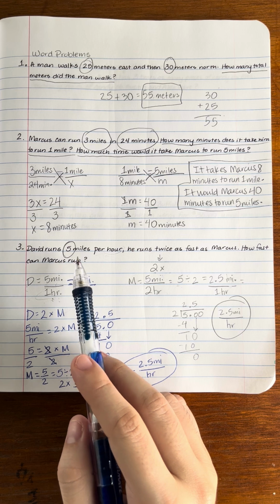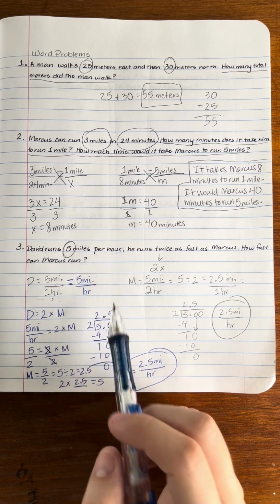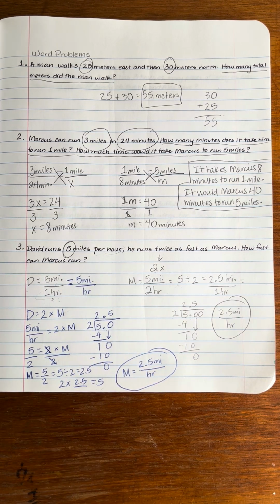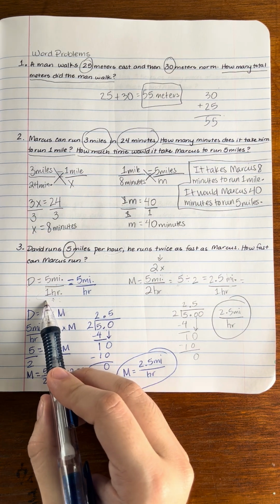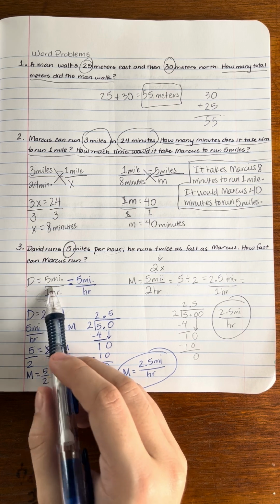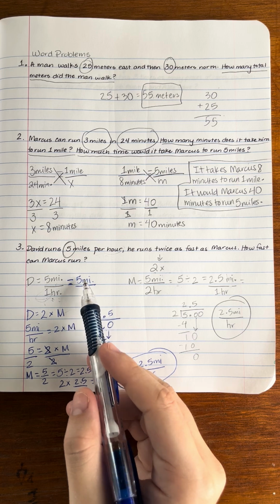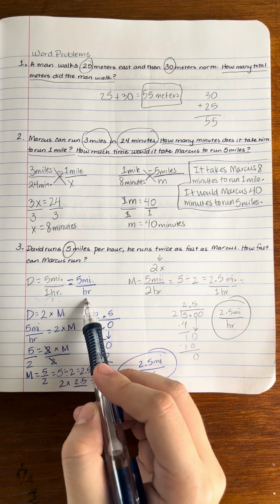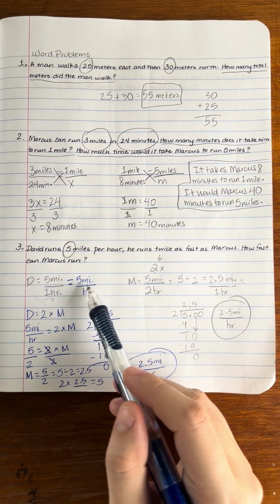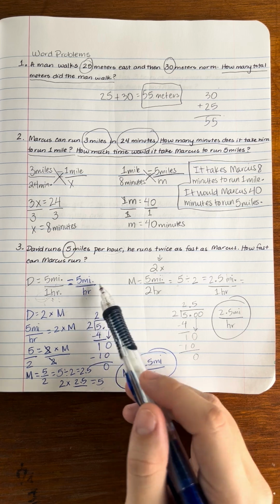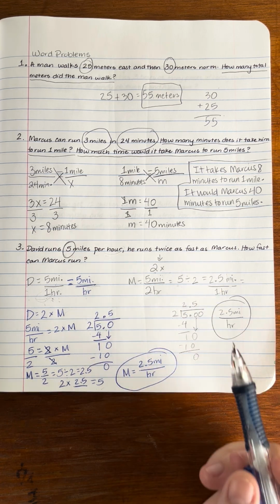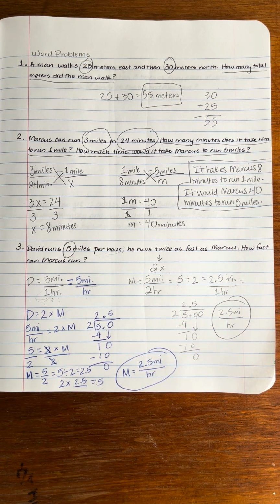So saying 5 miles per hour is another way of saying 5 miles for every hour, or 5 miles for 1 hour, okay? That's why I have that 1 hour there. But you don't always need that number 1, so you can also write it as 5 miles just per hour, okay? Per is that whole division or fraction bar, okay?